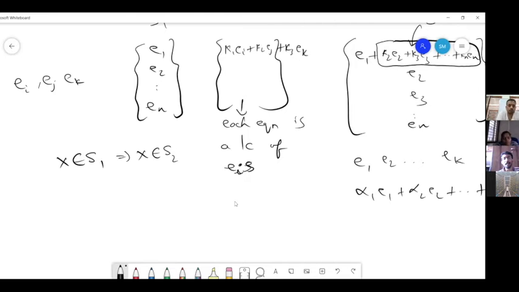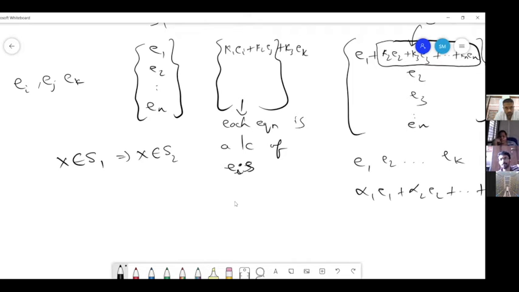Now, for the other case, for every solution belonging to S2 to be able to belong to S1. Suppose I have every equation in S1 can be expressed as a linear combination of equations, in the same case, right?